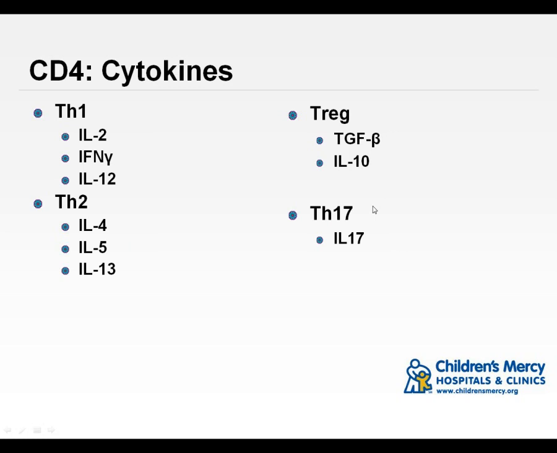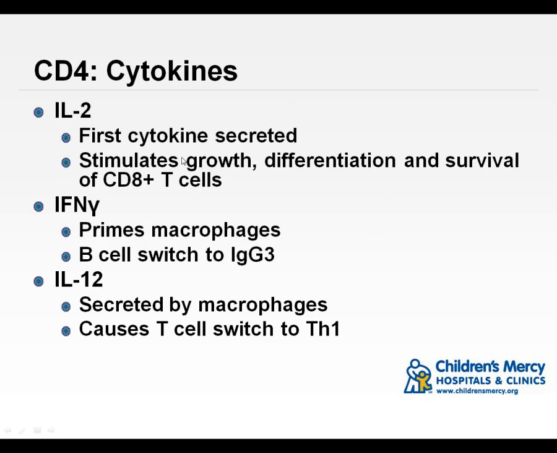There's many more that I don't have listed here, like Th33, and every year we're kind of renaming some subsets. But don't let them upset you. It's really just a way to subset them to understand which cytokines they've decided to secrete. As simple as that. So don't get too hung up on the cytokines at this point, but start to maybe get a feel for what the different ones do.